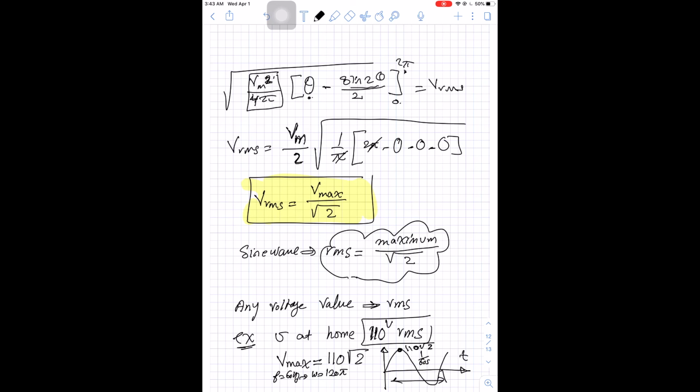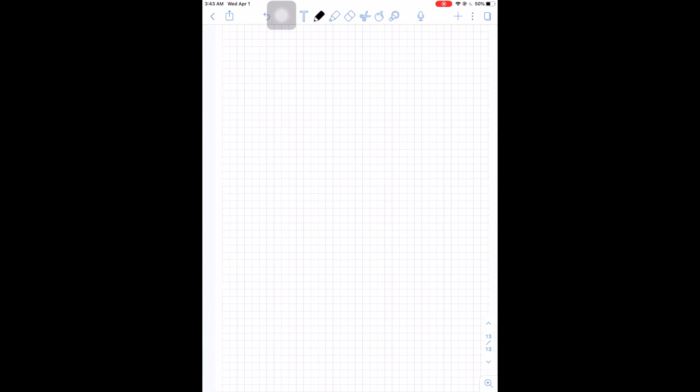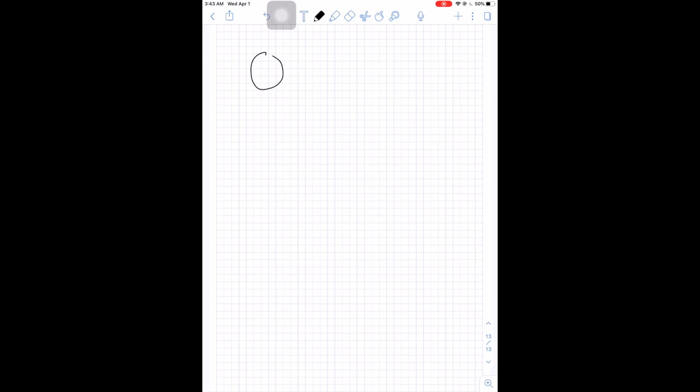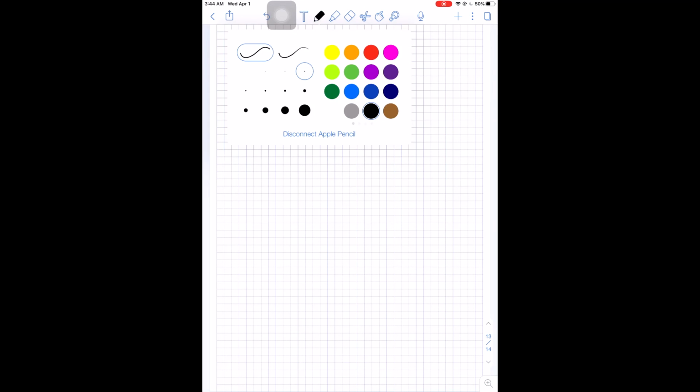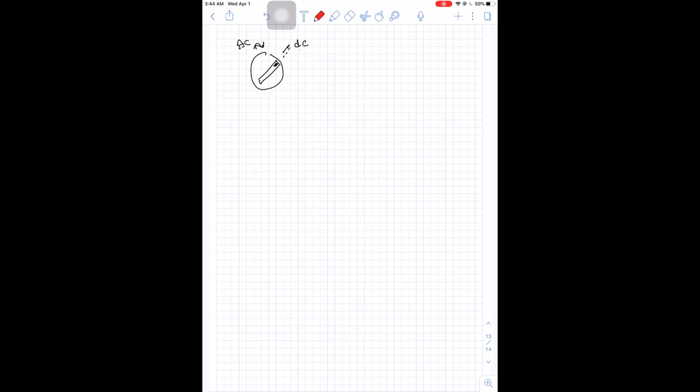So any value in AC will be measured as root mean square. That's why in the voltmeter, while you are selecting which setting you have, you will find one option for DC and another option for AC. If you put the voltmeter or the ammeter on DC, this means you are measuring the average.